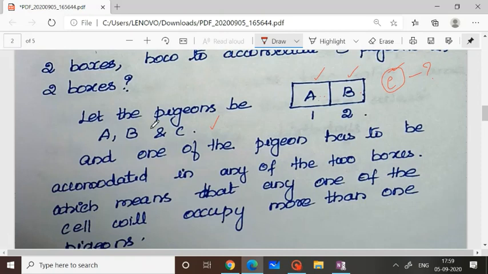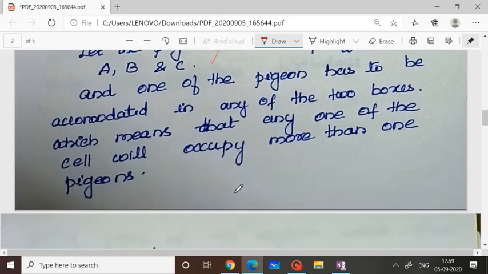One of the pigeons has to be accommodated in one of the 2 boxes, which means that one of the cells will contain more than 1 pigeon. So here you can write the reason: by the pigeonhole principle.